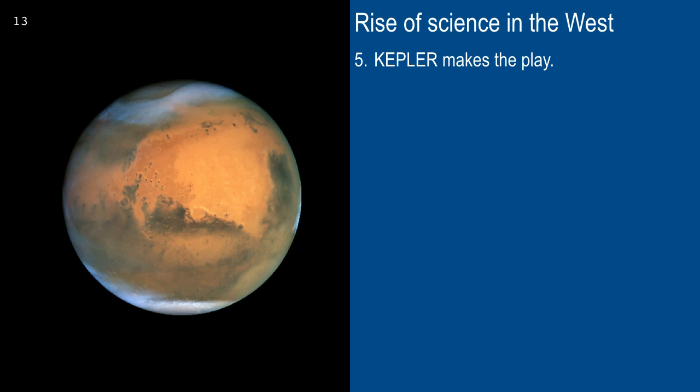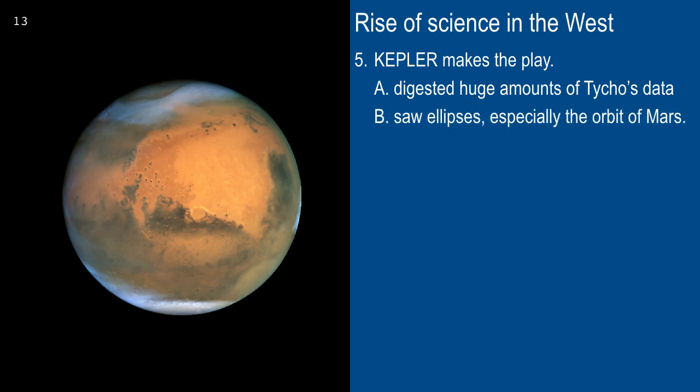Jeez, Tom Brady. Anyway, so Kepler's the playmaker, and after Brahe died, he had all this data, all these measurements, and he was like one of these guys that just chews it up and digests it, and by God, he saw ellipses.